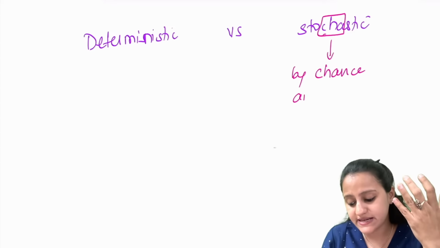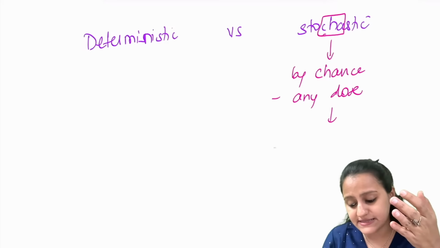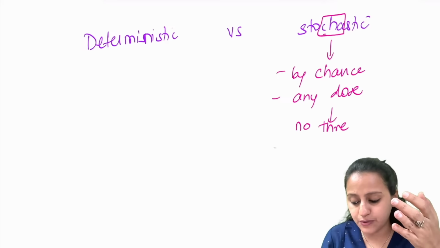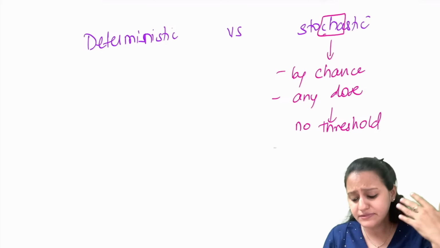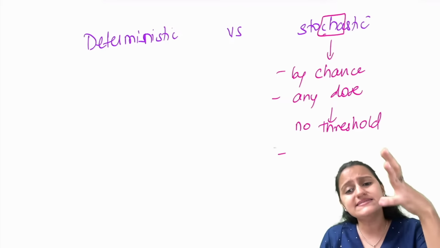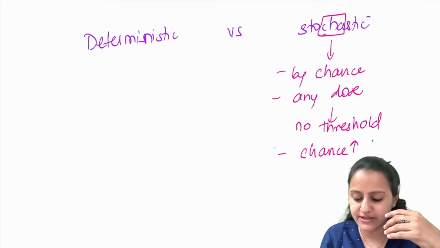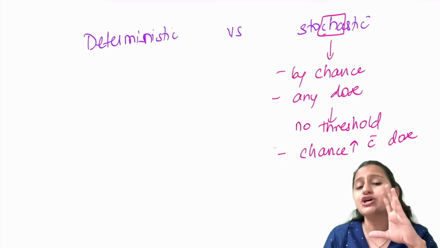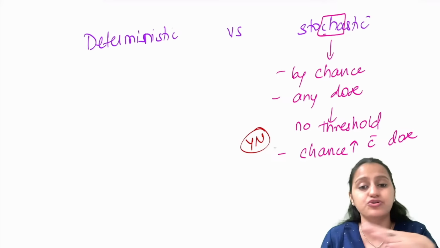That means it can occur at any radiation dose. Does it have any threshold? No, it does not have any threshold. But logically thinking, as the dose increases, the chance increases. The chance increases with dose, not the probability, because probability is either yes or no.